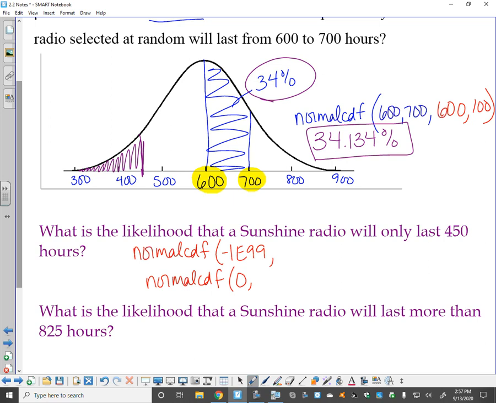Like, we could get it and it could be broken, but it can't last for negative hours. So you can start it at 0. Either one of these is fine. Neither one is more right than the other. Okay, my upper limit is going to be 450 for both of them. My mean is still 600, and my standard deviation is 100.